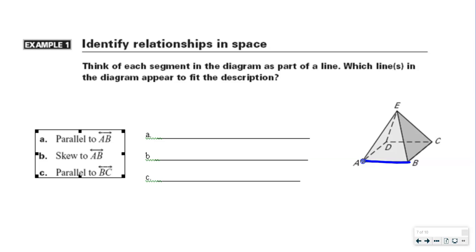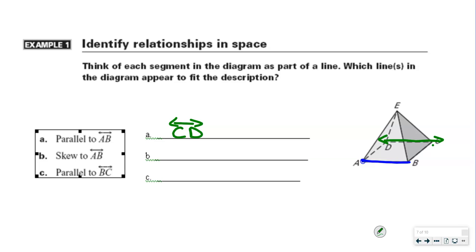We need a line parallel to AB. Our only option would be CD. CD is the only line that does not intersect and is on the same plane.